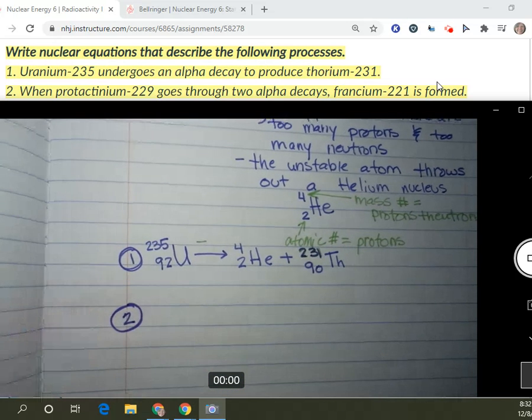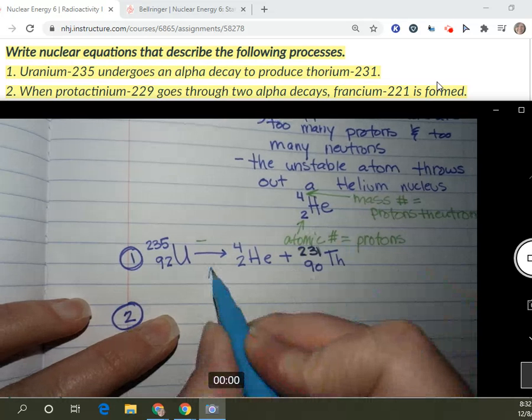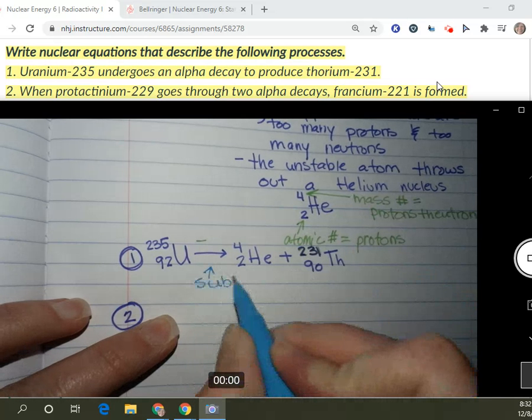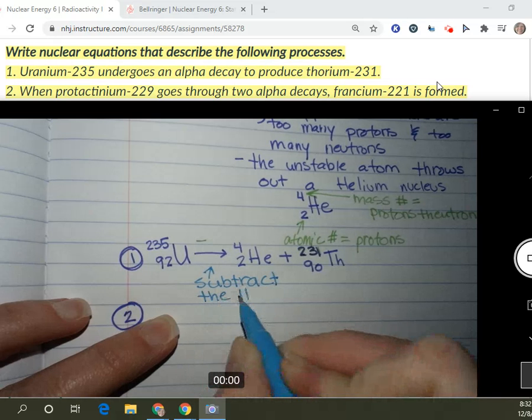Actually, before we go on to number 2, let's write ourselves some notes. We subtract the helium.